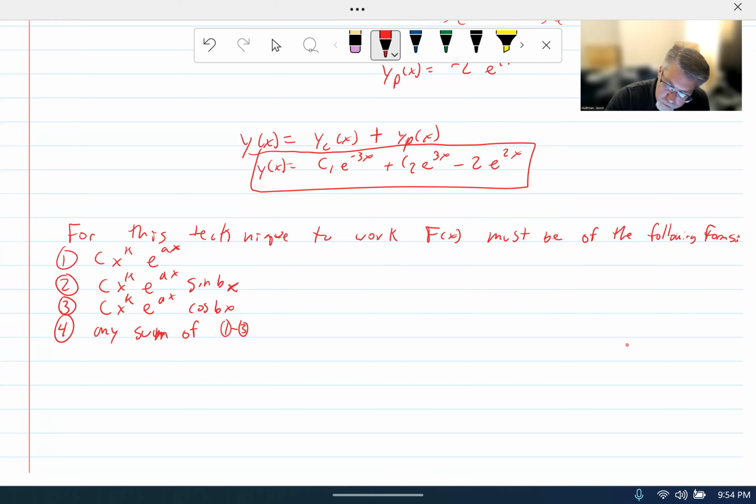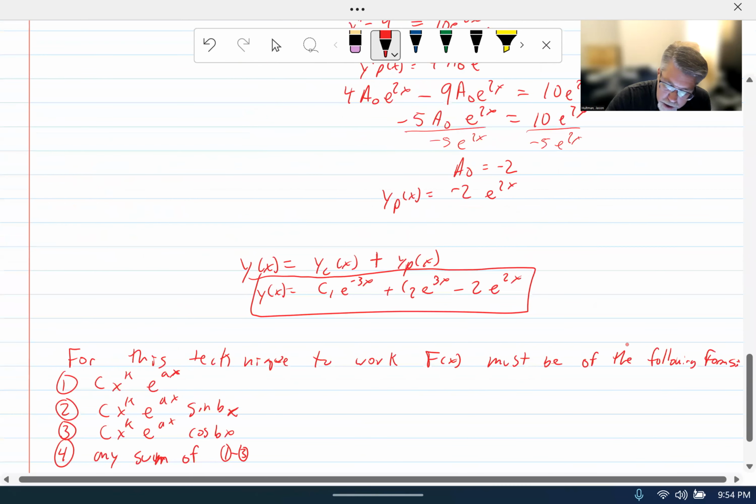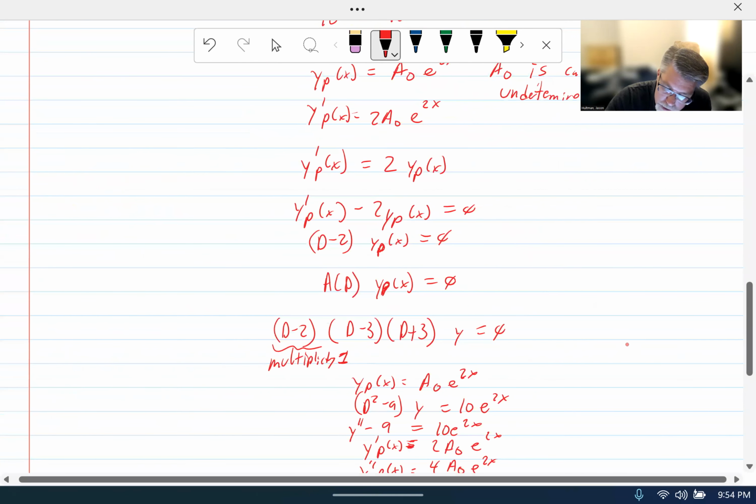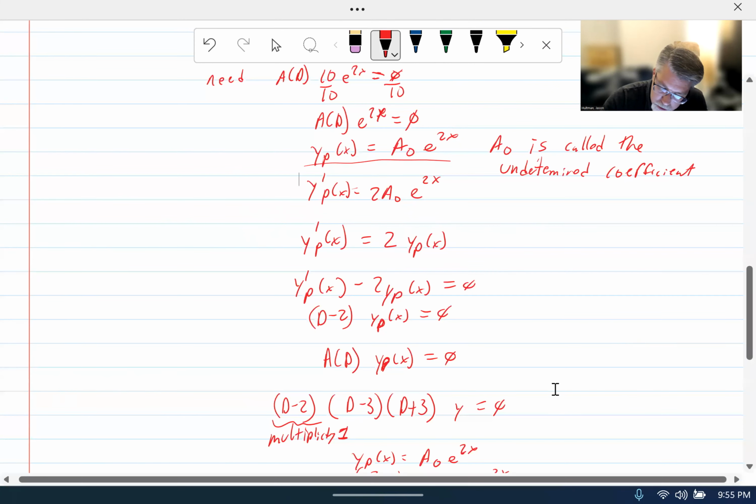Now we can help ourselves out with a little chart here. We just made kind of an educated guess up here as to what y of p would be. And we can actually make a chart that tells me exactly what y of p to use given a certain A of D. So let's create a chart.